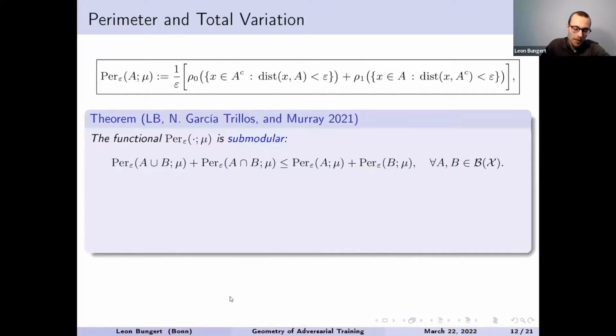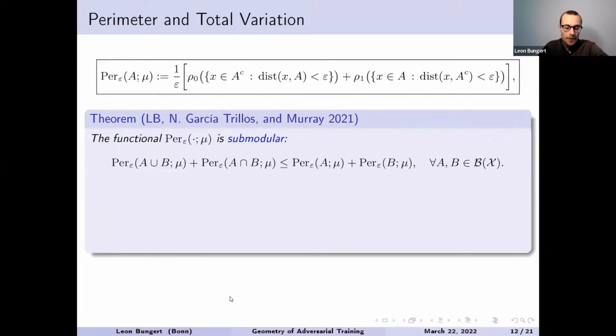And submodular basically means that this inequality is true. And this is an inequality which is also true for the standard perimeter, which is just a surface measure of a set. And this justifies why we call this object a perimeter, because it's submodular.